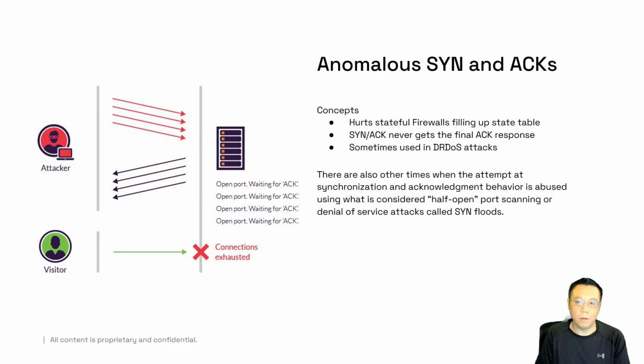So anomalous behavior for TCP includes multiple SYNs and ACKs together. If you have a large amount of SYN requests coming in from the same host or multiple hosts, and you have large amounts of waiting for the final ACK to happen, which may not happen from the visitor, such as large amounts of SYN-ACK half-open connections in your state tables, that could cause a denial of service. This also can be reflected based on spoofing of different fields of SYN and SYN-ACK.